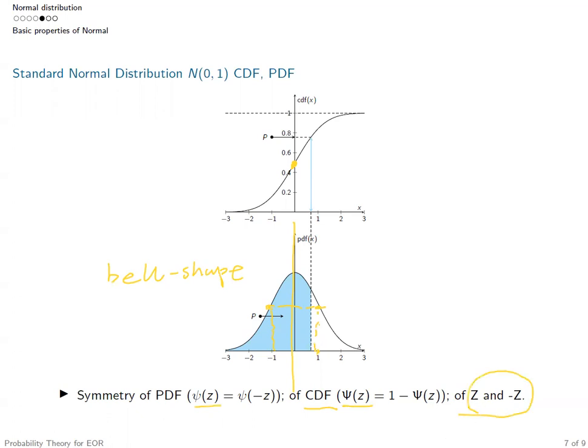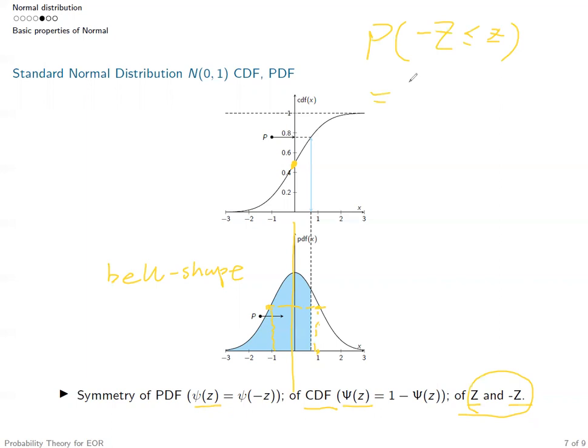Therefore, what can you infer about the distribution of z and minus z? Apparently, they are not equal to each other, but their distributions are identical. If you look at the distribution here, what is the probability of minus z being smaller or equal to, for example, small z?